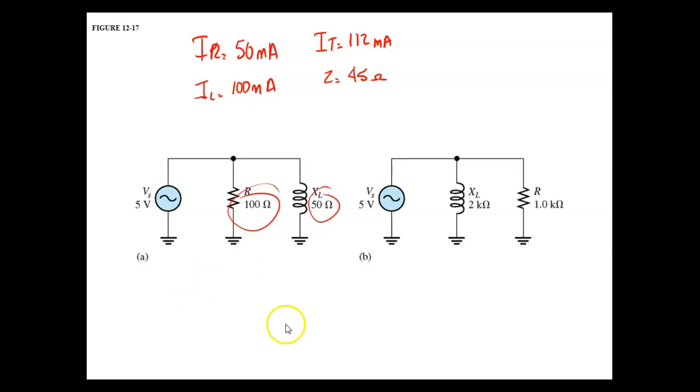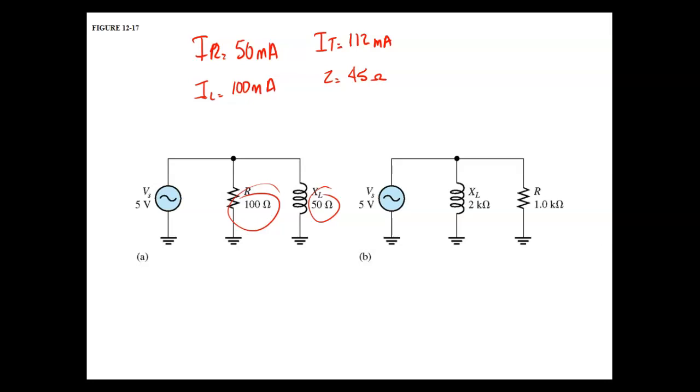So that's 100 milli squared plus 50 milli squared. In this circuit, we can't calculate it that way. We don't want to use that.